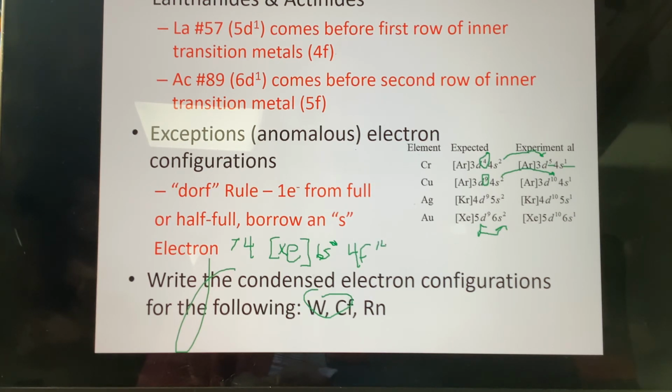So all of these 4f's come before tungsten, and then we can include lanthanum with the other 5 d's. We don't have to separate that out since we're coming back to the d's. And based on tungsten's position, that would be 5d4.